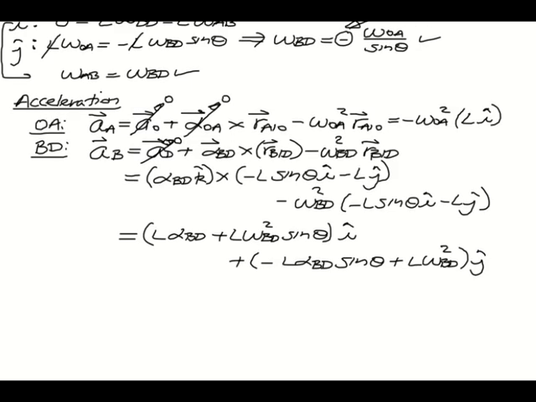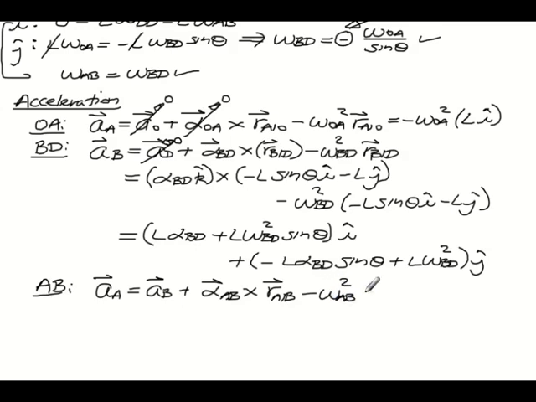And then I go to link AB. Acceleration of A is equal to acceleration of B plus alpha AB cross with the vector which goes from B to A minus omega AB squared R_A with respect to B. So this becomes AB.